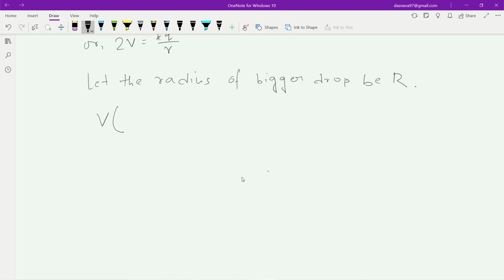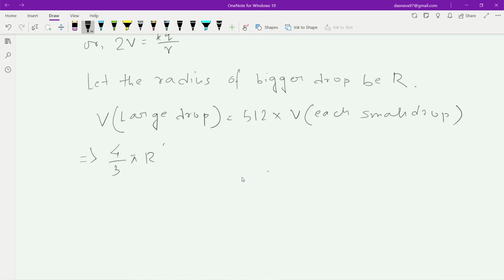So we can write that volume of large drop is equal to 512 into volume of each small drop. So volume of any sphere is given by 4 by 3 pi capital R cube equals 512 into 4 by 3 pi small r cube, right?